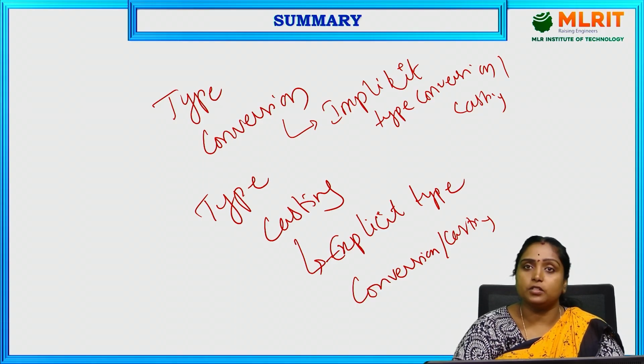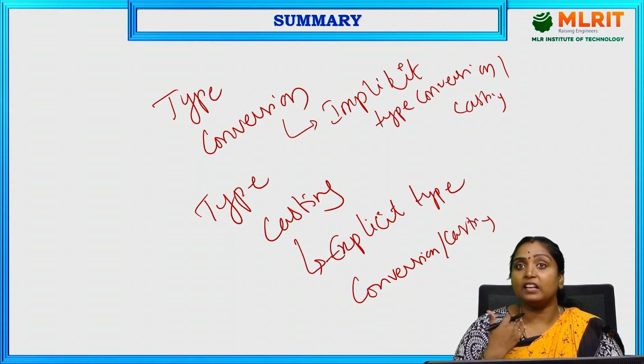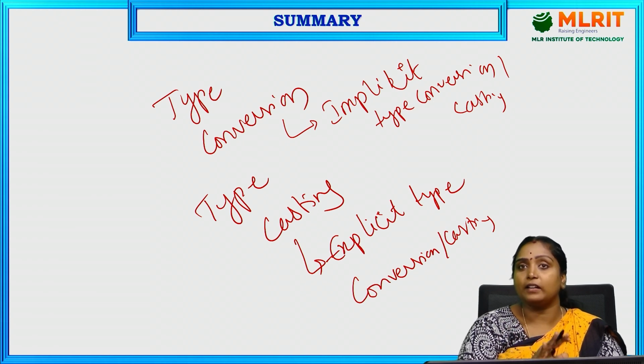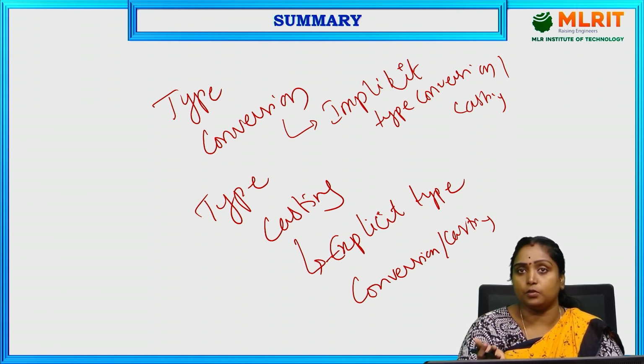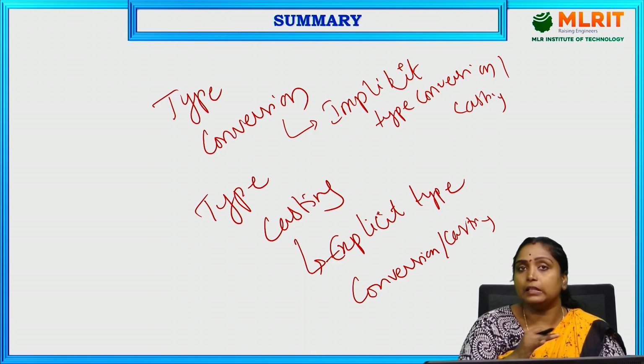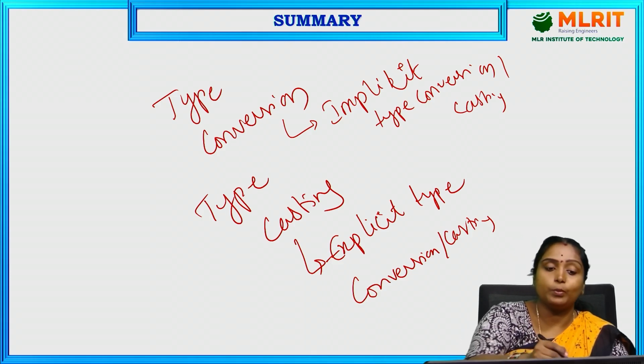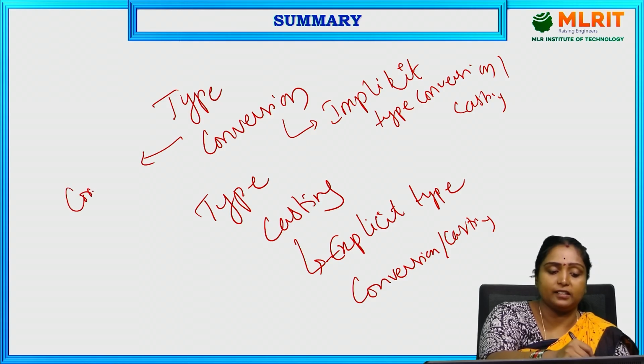Implicit type conversion is when the compiler itself converts a data value from one data type to another data type. Then the type conversion is said to be implicit. So this is performed by the compiler itself.